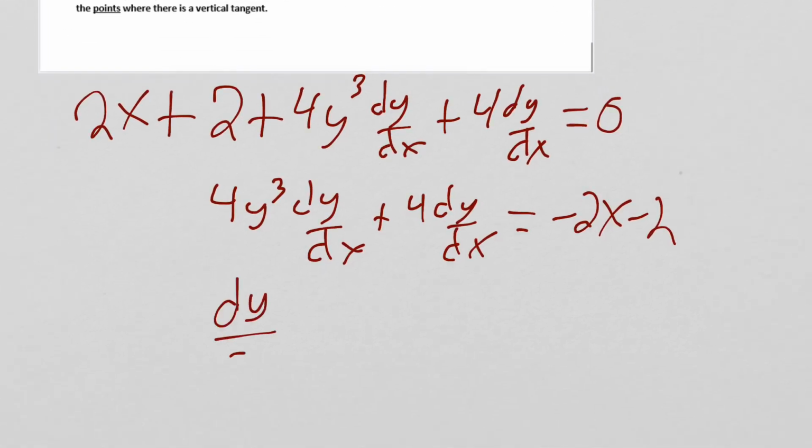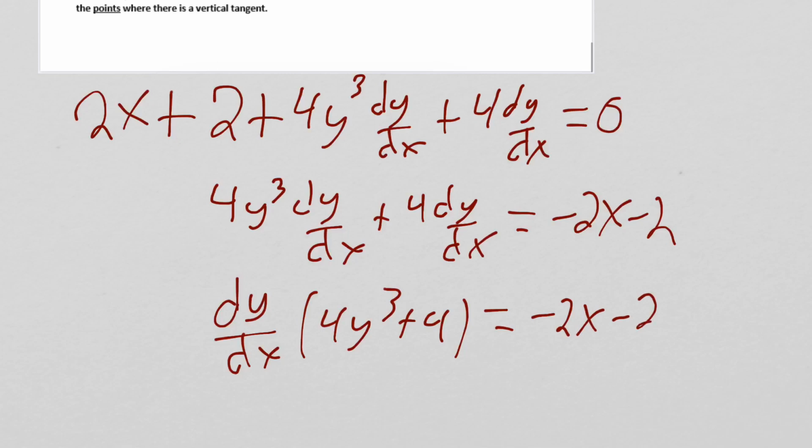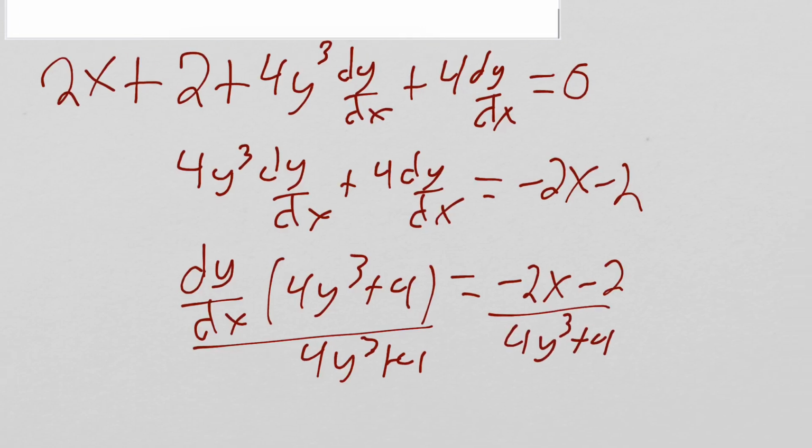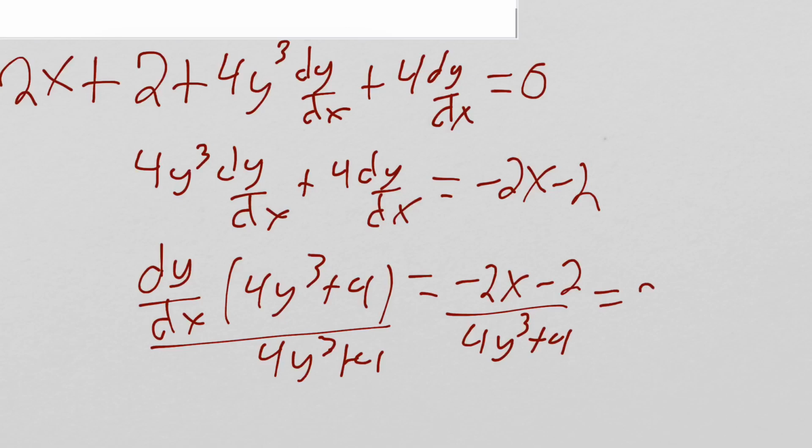Factor out a dy/dx: 4y cubed plus 4, that's equal to negative 2x minus 2. Now we just have to divide by 4y cubed plus 4 on both sides. This is our final dy/dx that we just found, because these are going to cancel, leaving us just dy/dx.